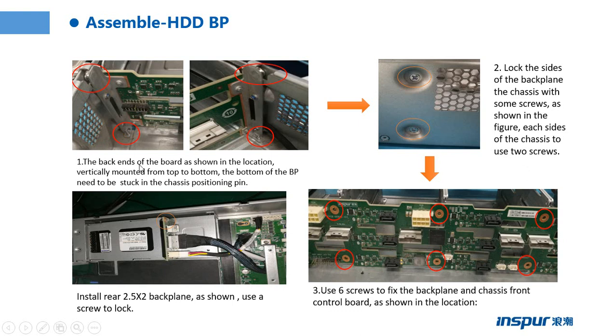The backend of the board is shown in the location. Vertically mounted from top to bottom. The bottom of the backplane needs to be stuck in the chassis position pin. This is the position pin.